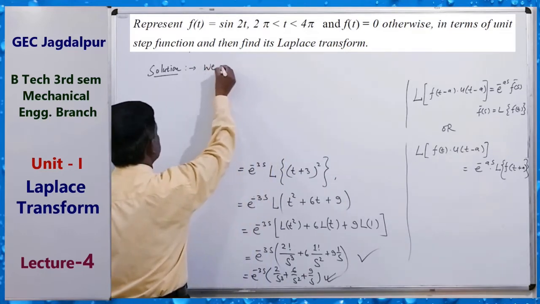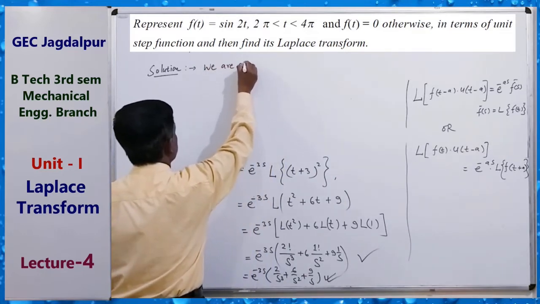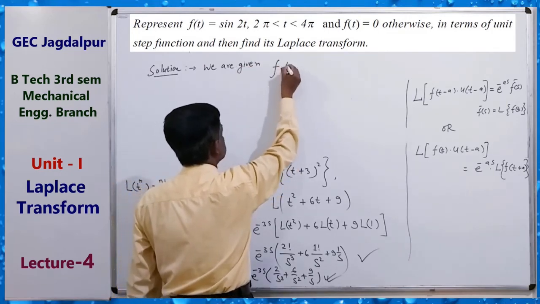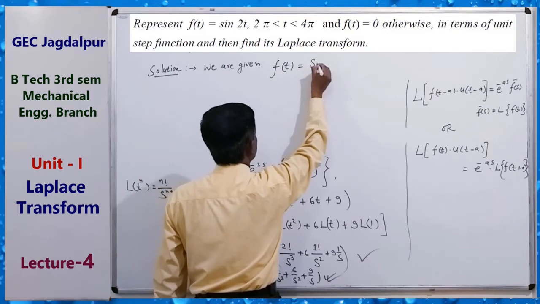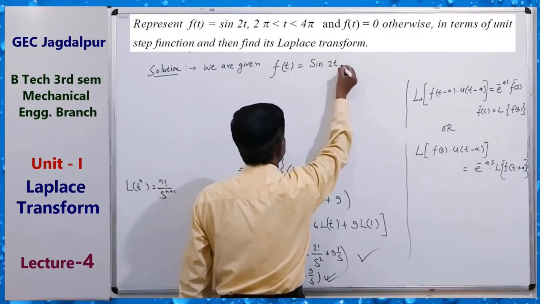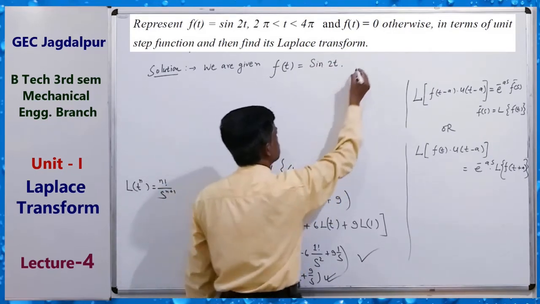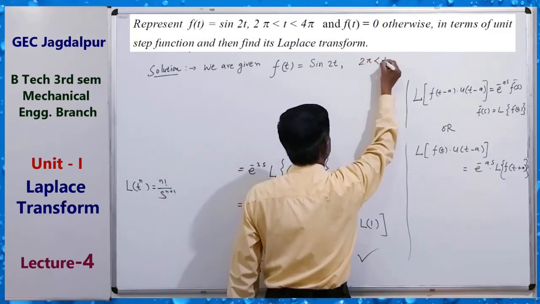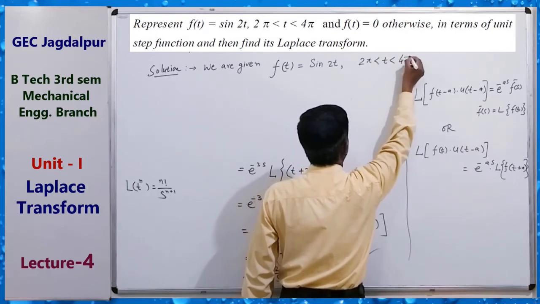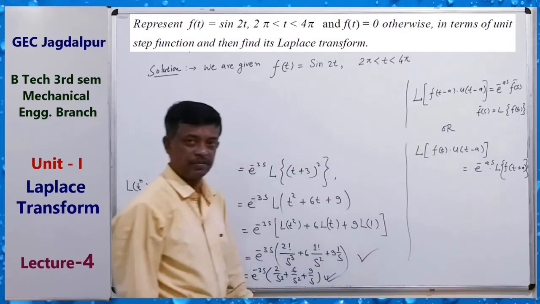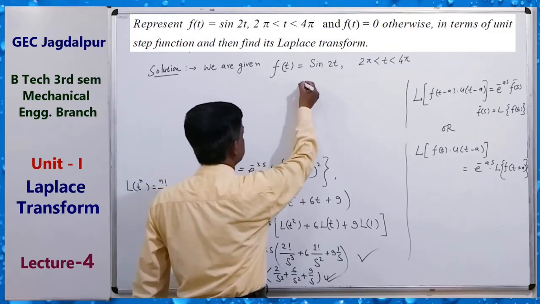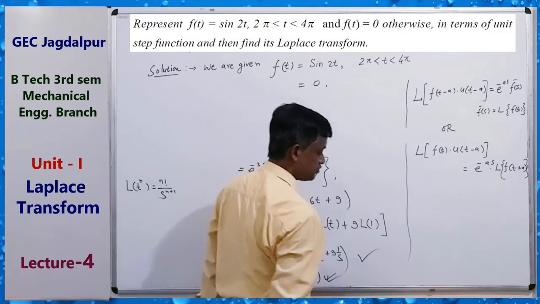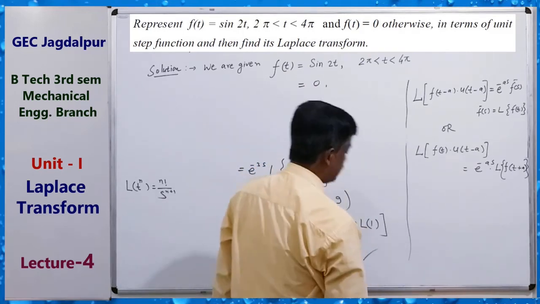We are given the function f(t) equals sin 2t, where t lies between 2 pi to 4 pi, and 0 otherwise.